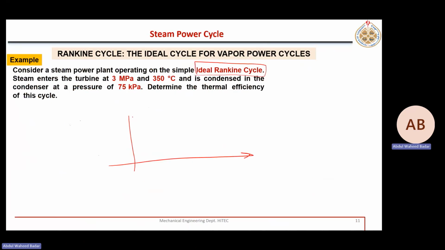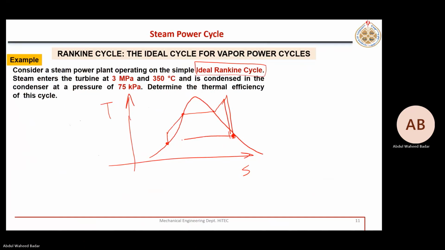So simply, ideal Rankine cycle on a TS diagram. 75 kilopascal, 3 megapascal, this point is 350, points 1, 2, 3, 4.